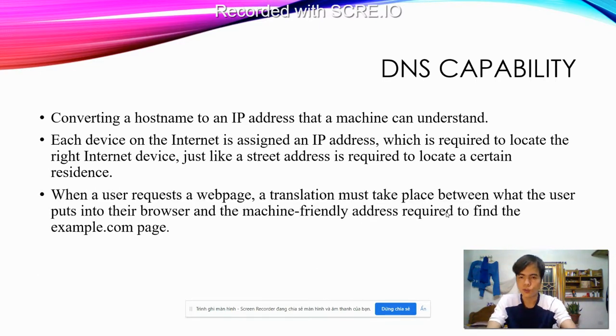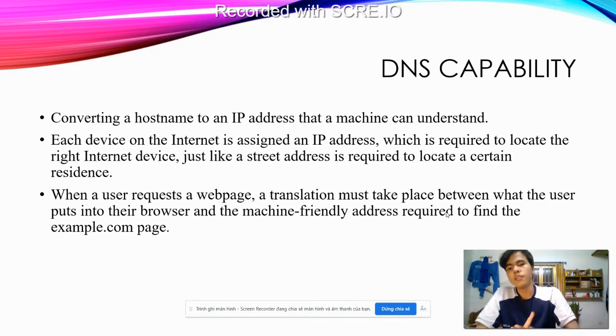When the user requests a web page, a translation must take place between what the user puts into their browser and the machine-friendly address required to find the example.com page.